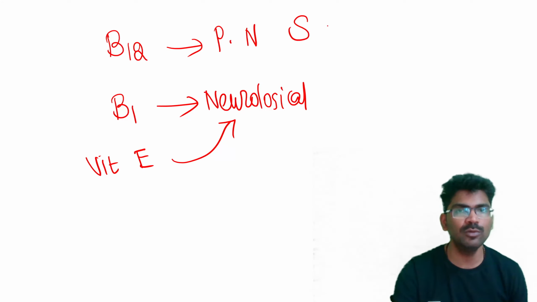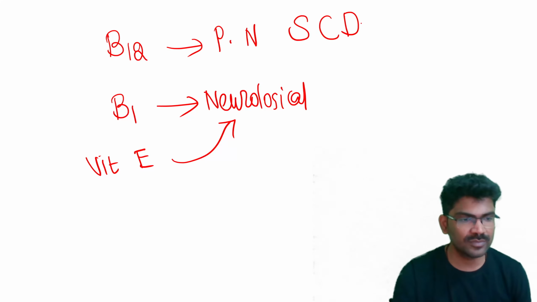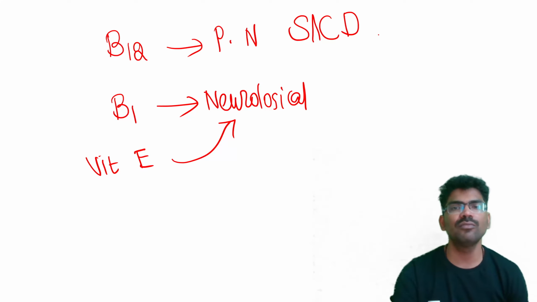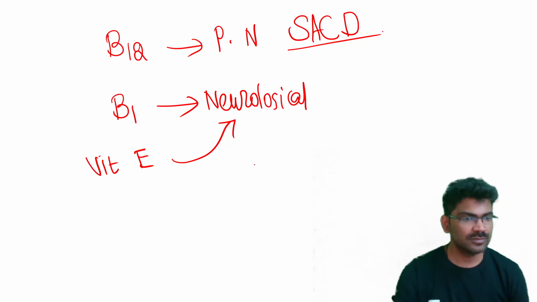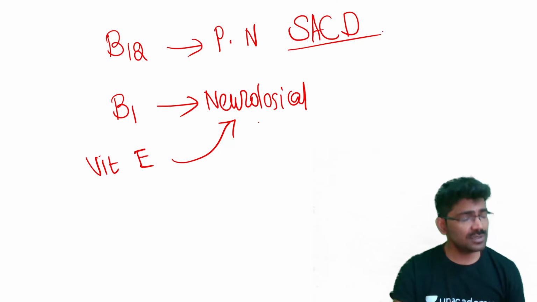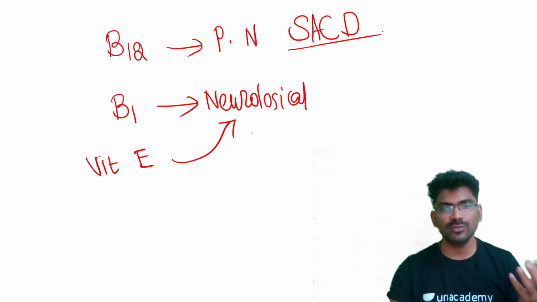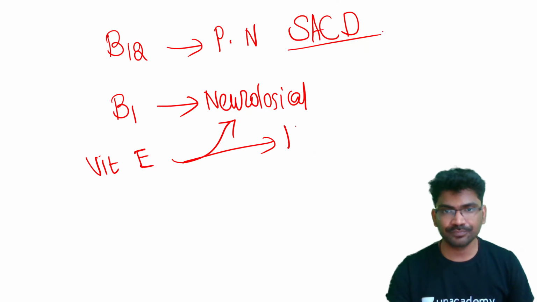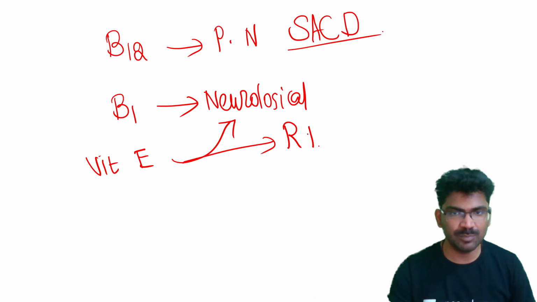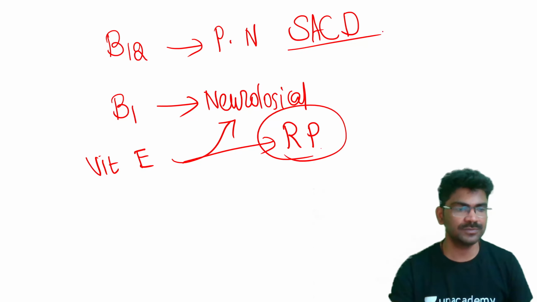Someone told subacute combined degeneration of cord, right? Subacute combined degeneration of cord. Good, Mani Megalai told nicely. Tamil Anban, nice. So vitamin E deficiency also causes neurological manifestations, and even retinitis pigmentosa-like manifestations.